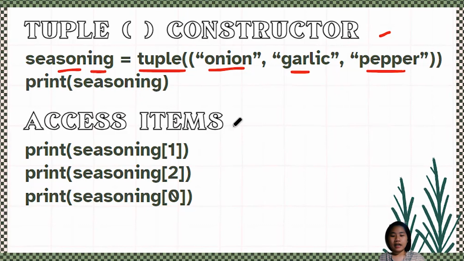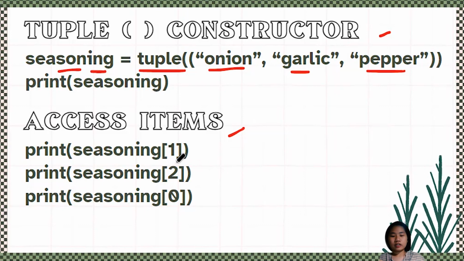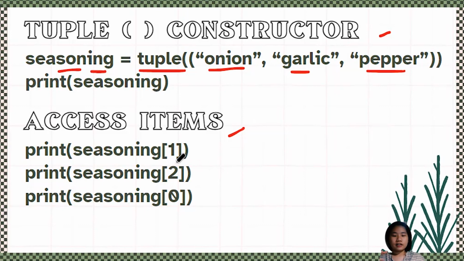Okay. And next up, with accessing items, you can access items very much similarly to how you would if it was a list, or a string for that matter. You just simply use the index within these sets of square brackets.